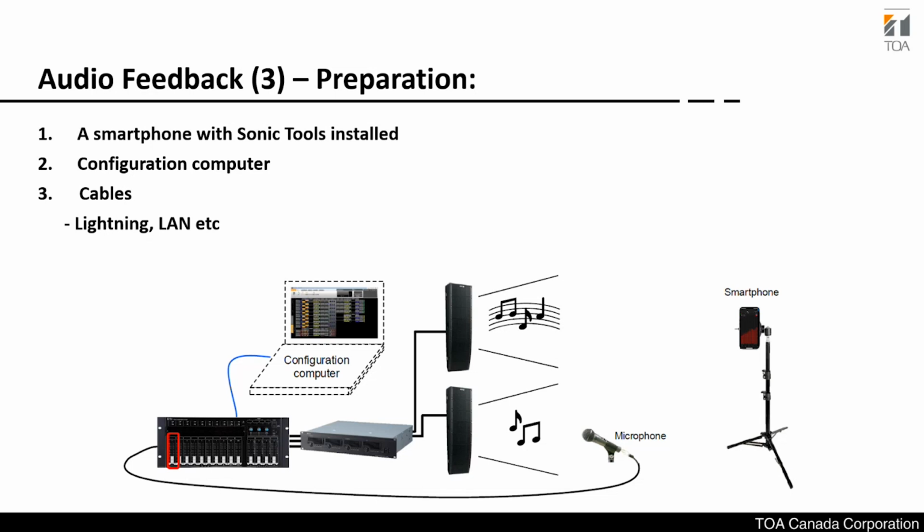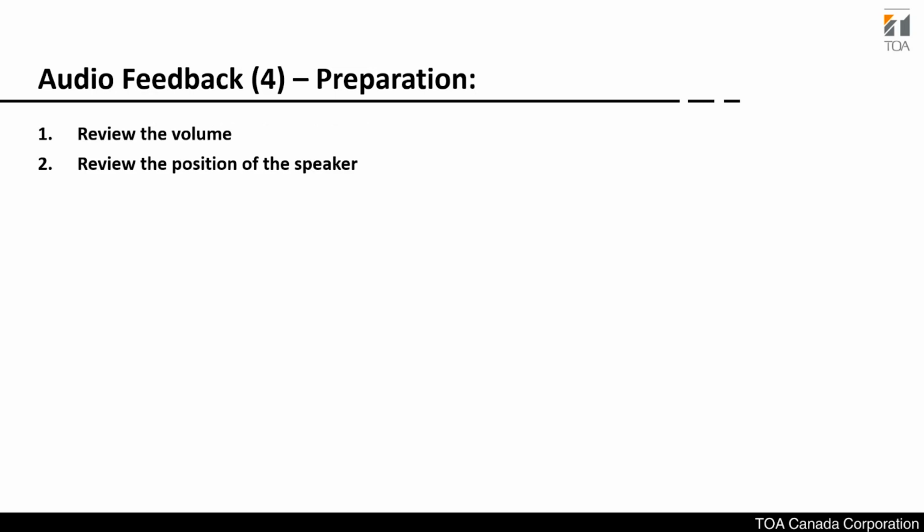Similar to the previous setup, we use a smartphone as the receiving side to receive the sound from the speaker, and then connect the second software on the laptop to the mixer. Review the volume first, and then review the position of the speakers.